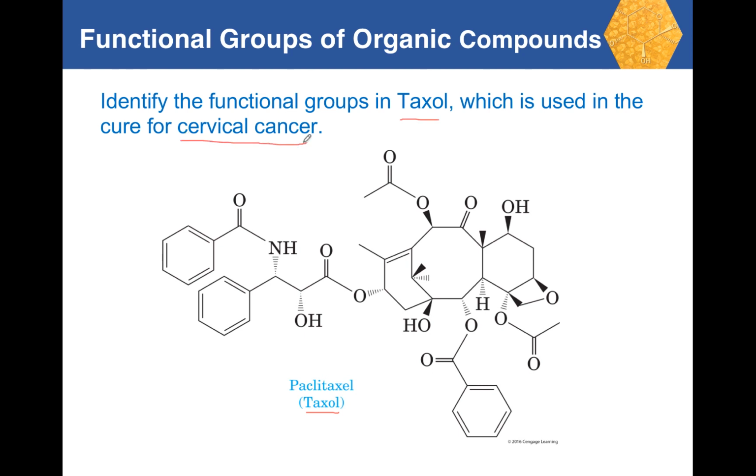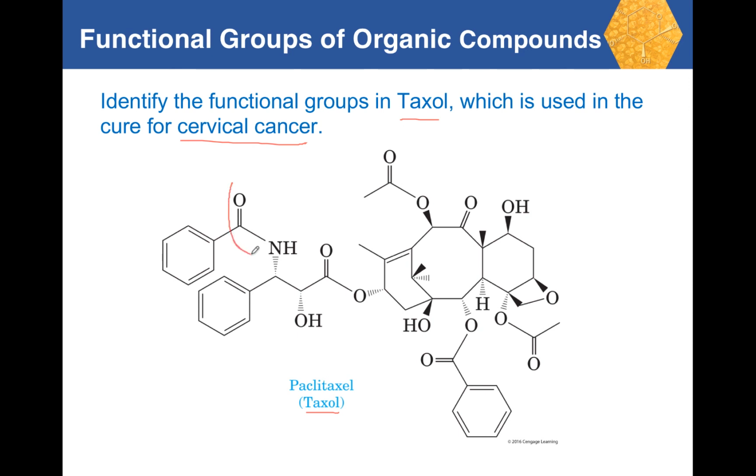So you can see it's a very large molecule, but equally important is it has many different functional groups. So on a test question, what I would give you is a molecule like this and ask you to circle the different functional groups and name them. So let us see if we can do a few.